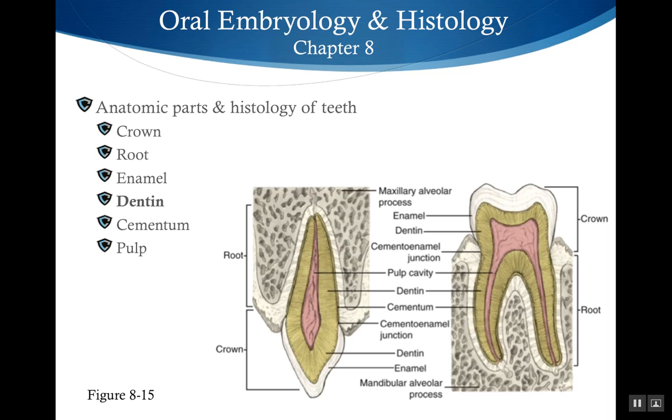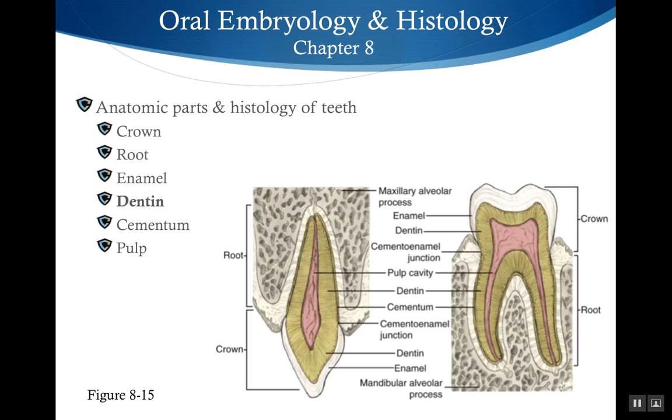It's composed of 70% inorganic material, so it has less inorganic material than enamel, but it has more organic material than enamel. It has about 30% organic material and water. The fact that it has a much higher organic content, or is softer, allows decay or caries to spread much more quickly in the dentin than in enamel.